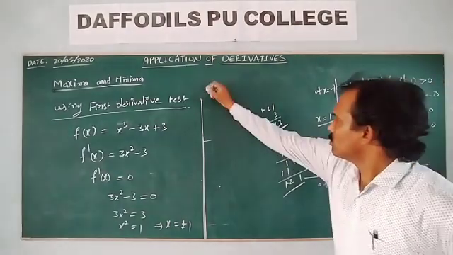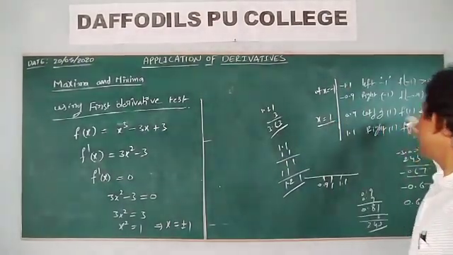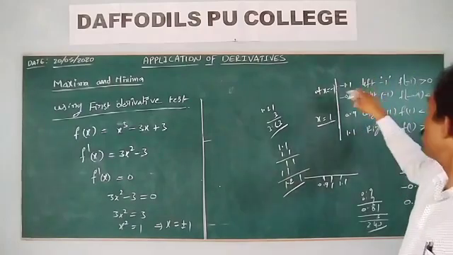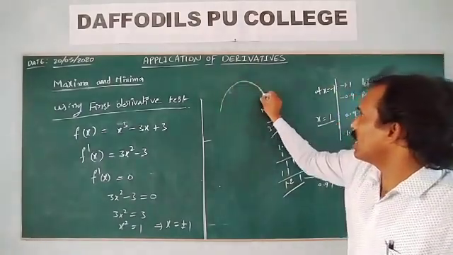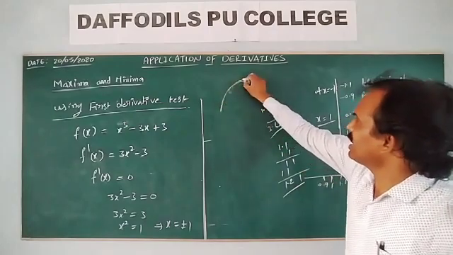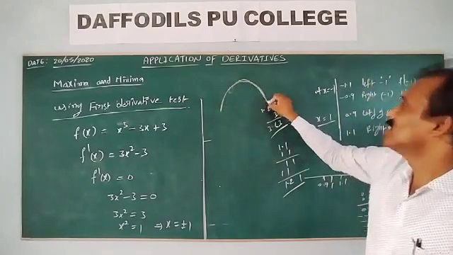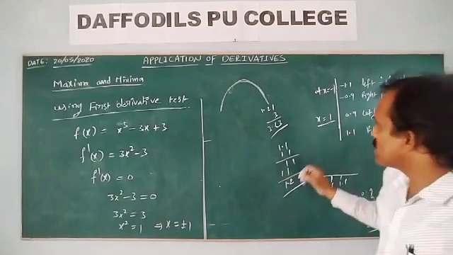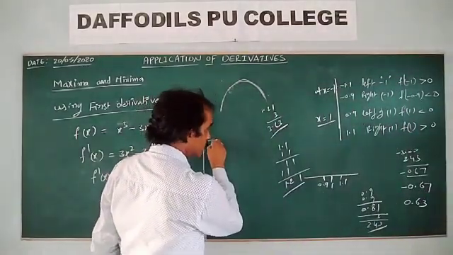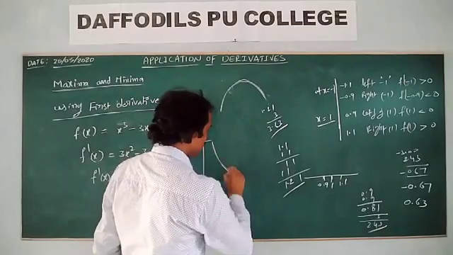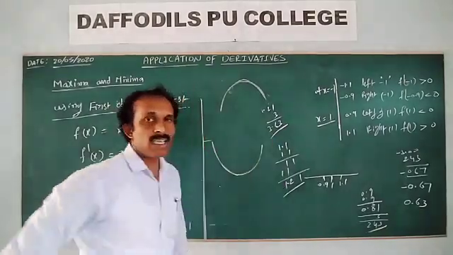So therefore, this one goes from less than 0 to greater than 0. So here f of minus 1, like this one: increasing, next decreasing. For this, decreasing, increasing.